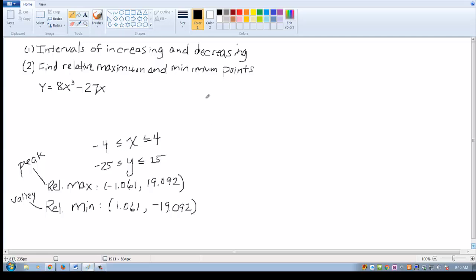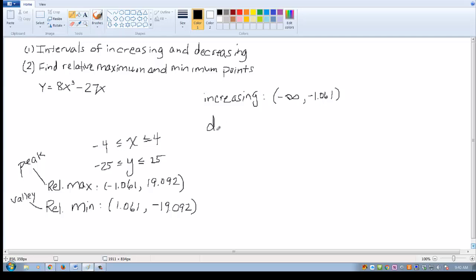But on this graph, our increasing interval is from negative infinity up to -1.061.